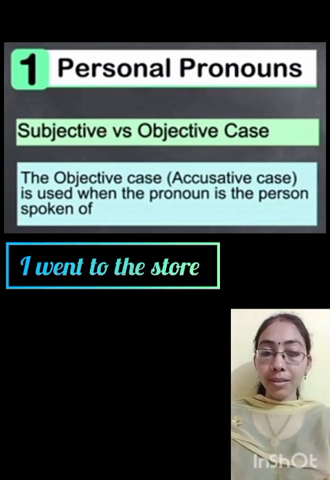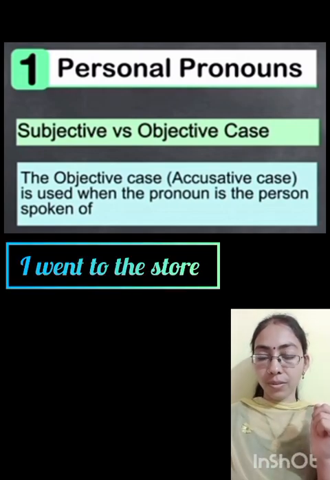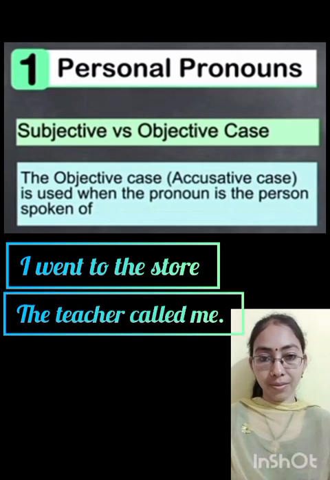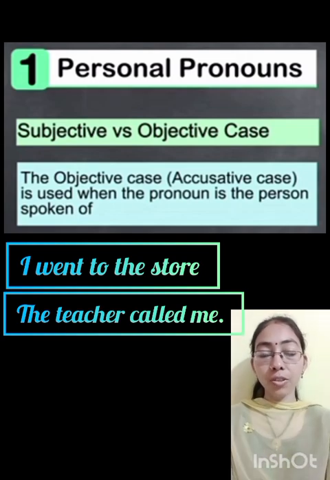For example, I went to the store. I is the subject, performing the action. The teacher called me. The teacher is the subject. Me is now the object receiving the action.